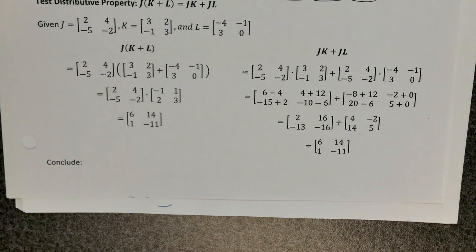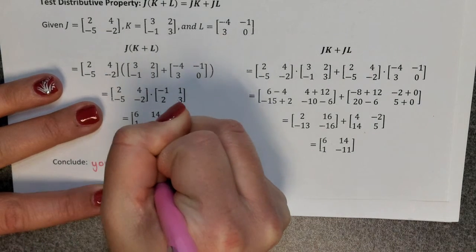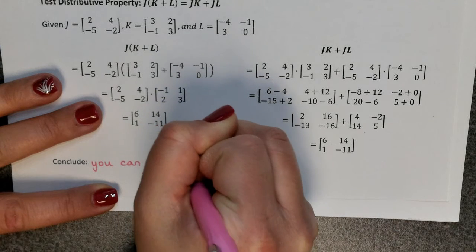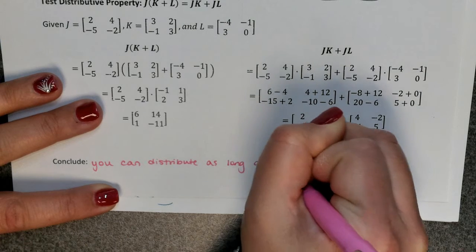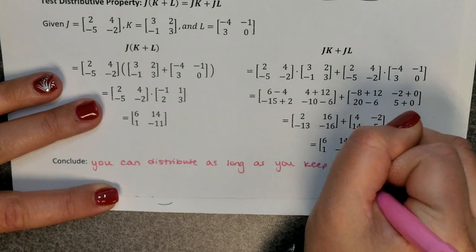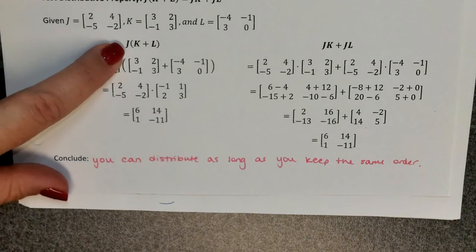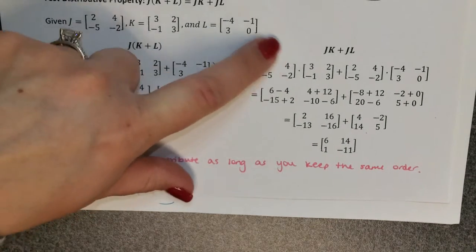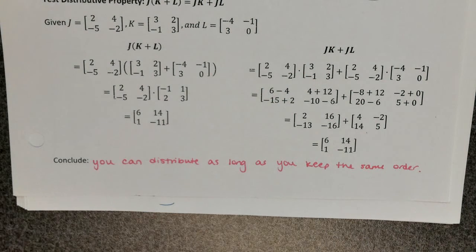Our conclusion is that you can distribute as long as you keep the same order. Notice J was on the outside on the left, so we had to keep it on the left when we distributed. That's our big idea in this section.